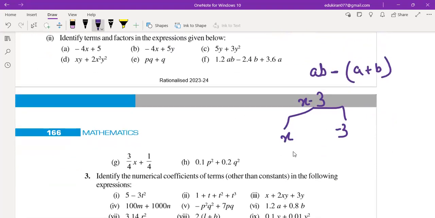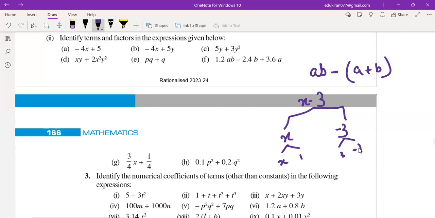Coming to factors, it is x and 1, and over here it's minus 3 and 1. Okay, don't do minus 3, do 3 and negative 1.